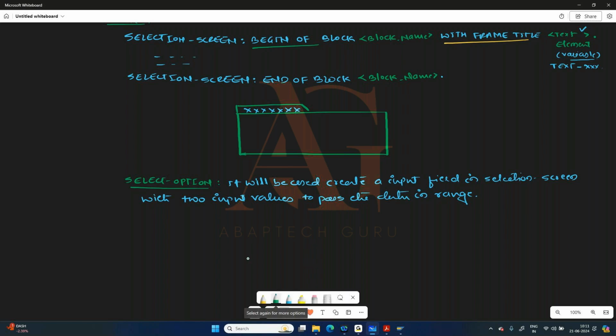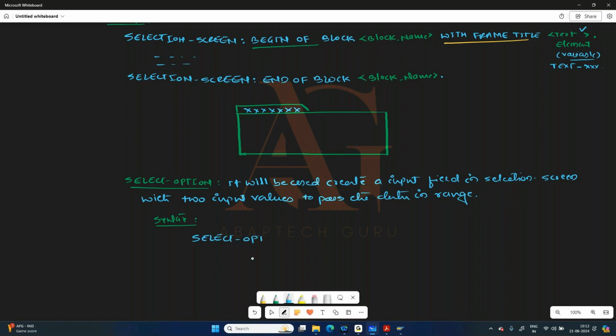What is the syntax behind this? Actually, this select option needs to be written between selection screen begin and end. Between these, you need to write the select option so that it will create the input field in this block. What will be the syntax?